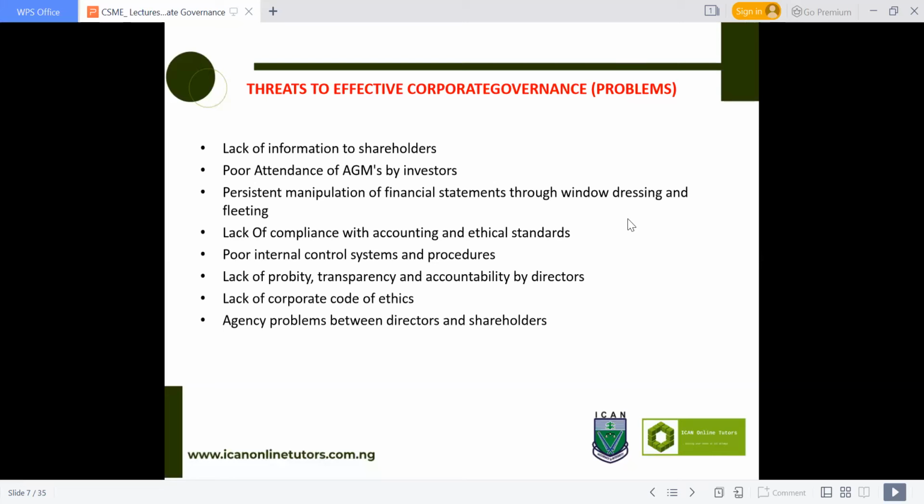If you do not give enough information, there's no full disclosure. In corporate governance, we advocate for transparency and full disclosure. If your profit is this, let everybody know. So provide it to the world. And that's why sometimes some annual reports can be close to 500 pages.